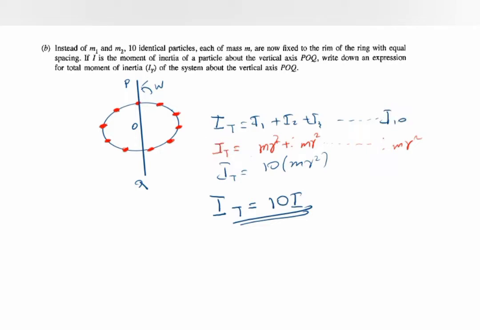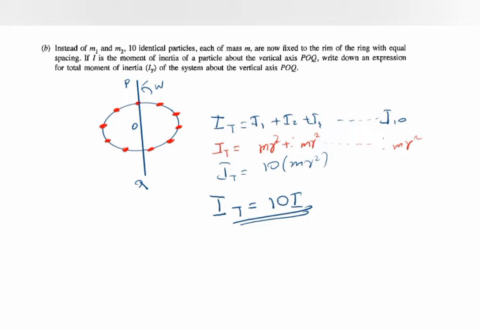So you can write it like m1 r squared, m2 r squared, m3 r squared, and so on. With the same mass and the same radius, you have 10 terms, so you write 10 M r squared. M r squared is nothing other than I. So the I total is 10 I.